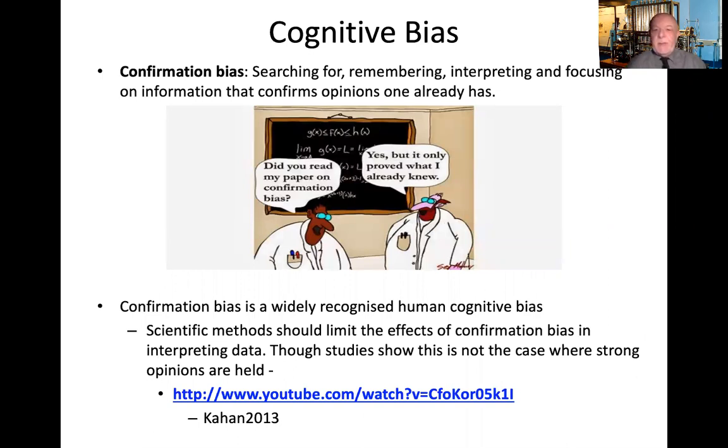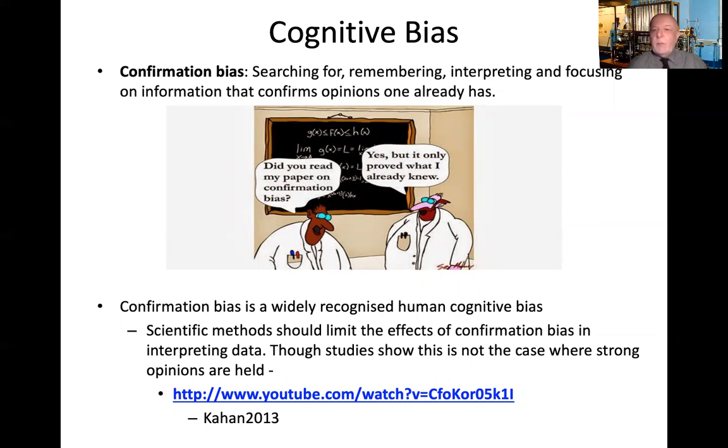This is something that affects a number of areas of our thinking when we're considering topics, and probably the most important aspect of this for us within this topic is the idea of confirmation bias. So this really means that we have an idea, as this cartoon suggests, and everything that we do unconsciously we actually search to reinforce that view.